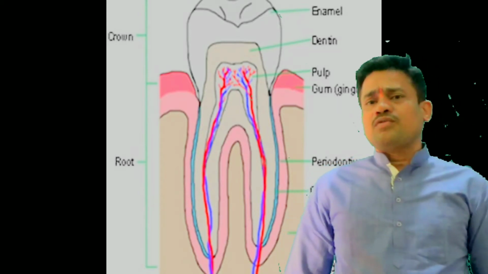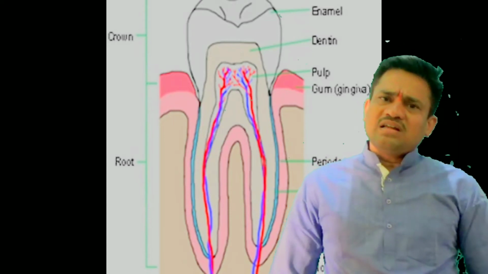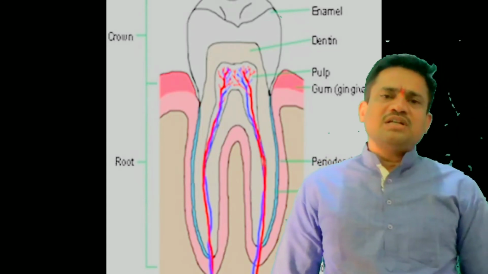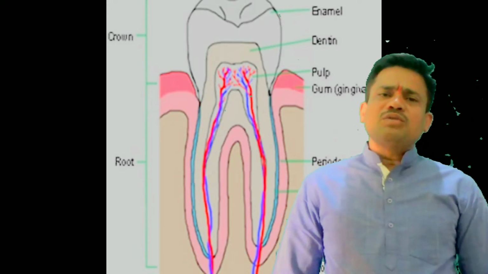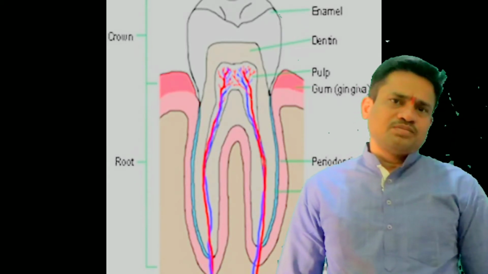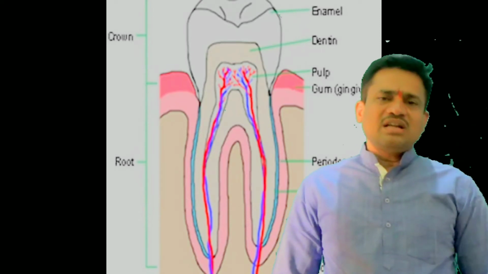Next, these four types of teeth have a particular number in every organism, especially in mammals. For example, in human beings there are totally 32 teeth. The arrangement is diphyodont.